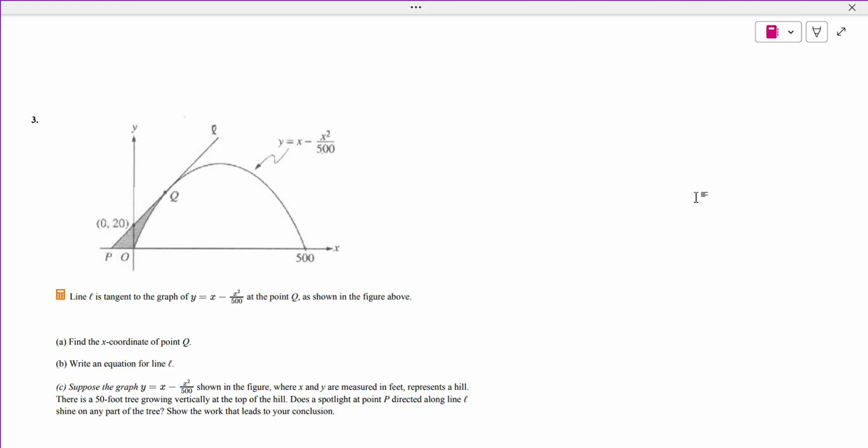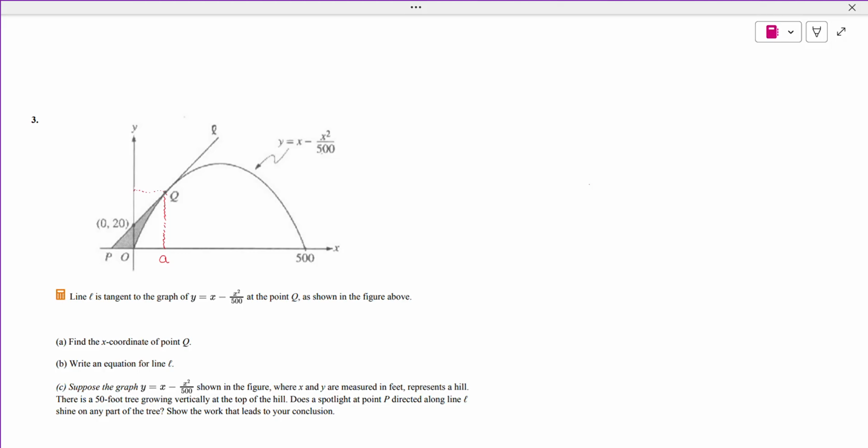So point Q, let's say this is A. This one will be f of A, right?